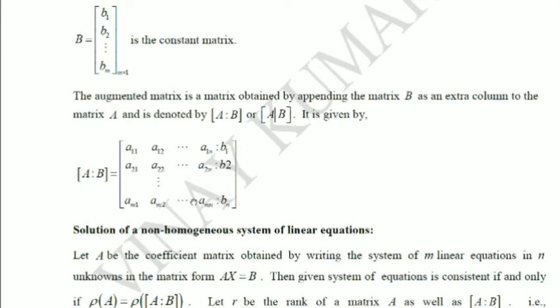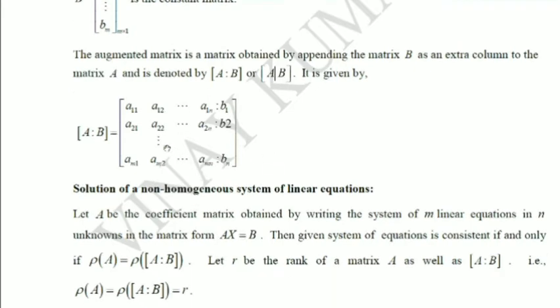You reduce it to echelon form and find the rank of matrix A as well as of [A | B] using this. If both are equal, then only the non-homogeneous system of equations is consistent.